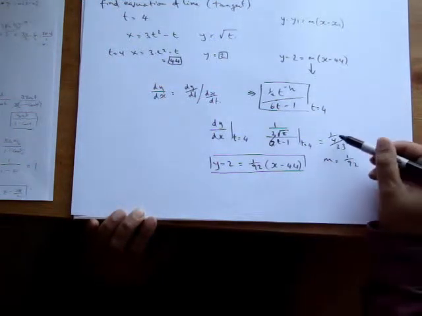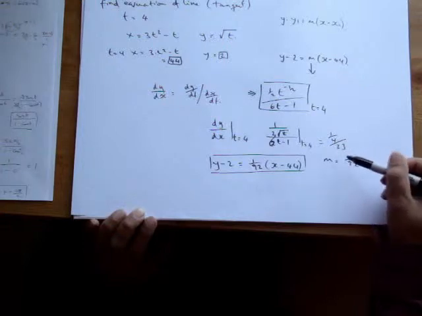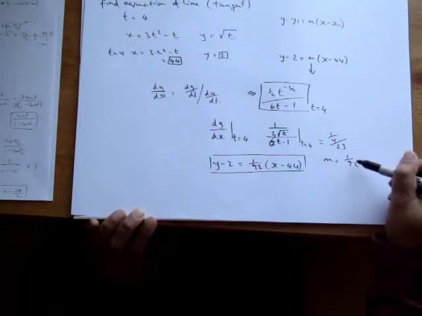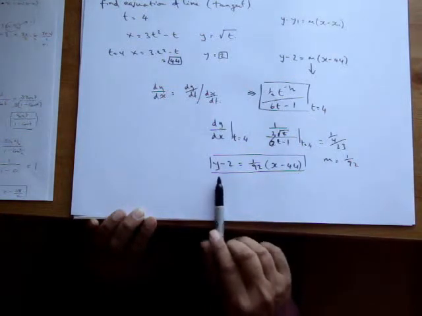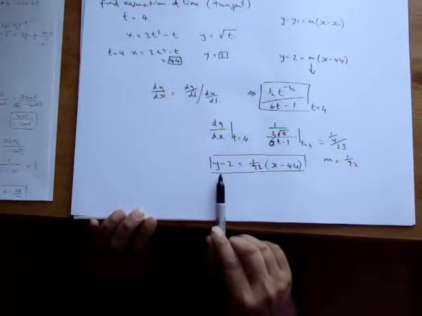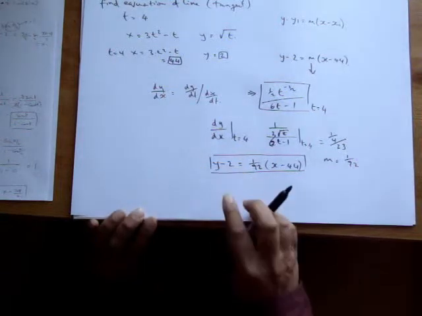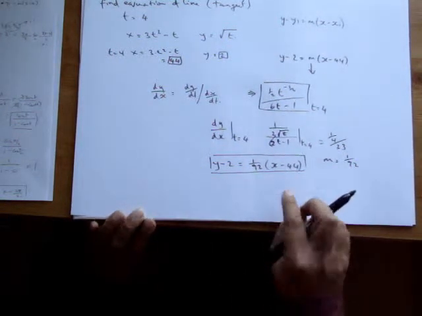At t equals 4, this is 1 over 4 over 23. M then becomes 1 over 92, and the equation of the line or the tangent at t equals 4 is this.